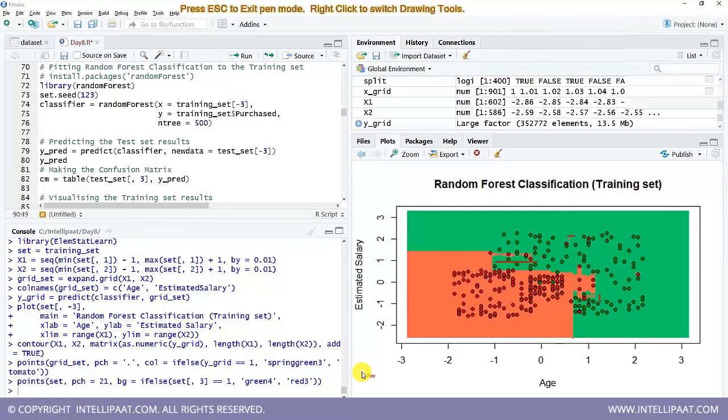This is a case of overfitting, where probably because you used a large number of trees, you got an overfitting curve and overfitting prediction regions. The problem with overfitting is that when you use test data, you'll end up with wrong predictions.